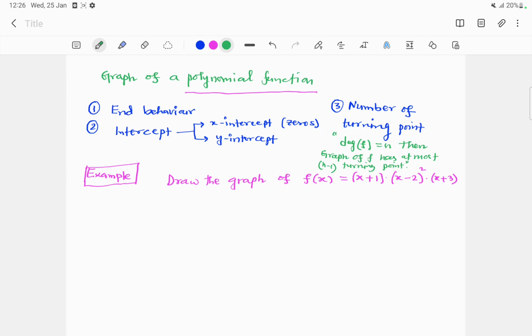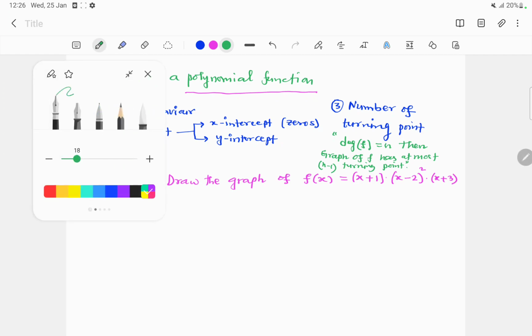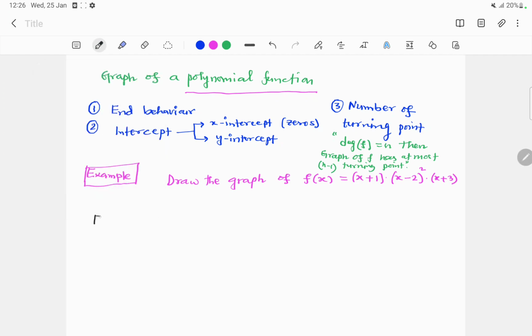Firstly we calculate the end behavior. When we calculate the end behavior, first we have to find the leading term of the polynomial. Your polynomial is f(x) equals (x plus 1), (x minus 2) whole square, and then (x plus 3).